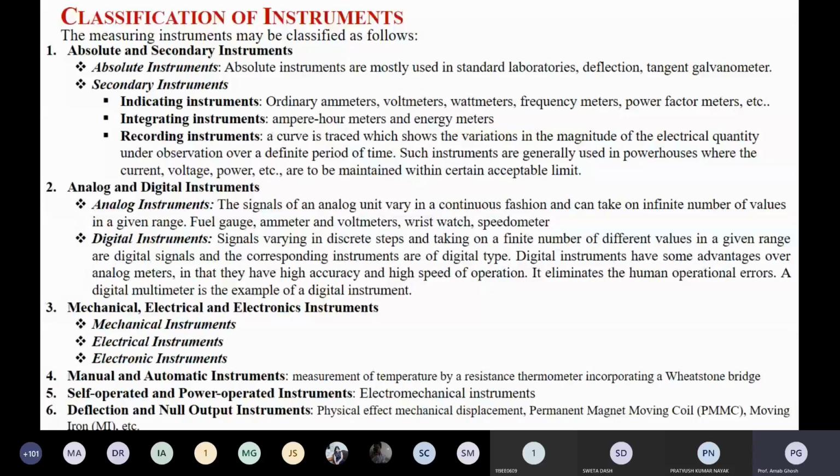It is an indicating instrument because the pointer indicates a value within the range of the scale, the range of the measuring instrument. It is globally known as an indicating instrument.